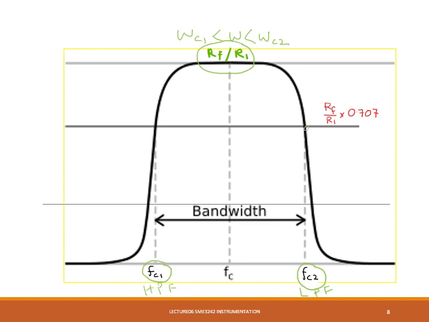At both cutoff frequencies, the value will be equivalent to RF over R1 multiplied with 0.707. So if you design RF to be 5, then you need to multiply 5 with 0.707.